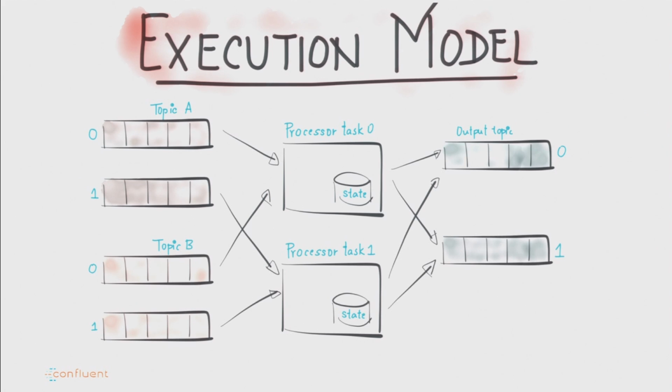And in particular, we can also be careful about how we do things like co-partitioning. It is important that partition 0 from both topic A and topic B make it to the same processor task. From there, this framework doesn't actually assume much about what these processors are doing, so it can then write data arbitrarily to output topics. So you'll see that both of the processor tasks write to both output partitions for the output topic.